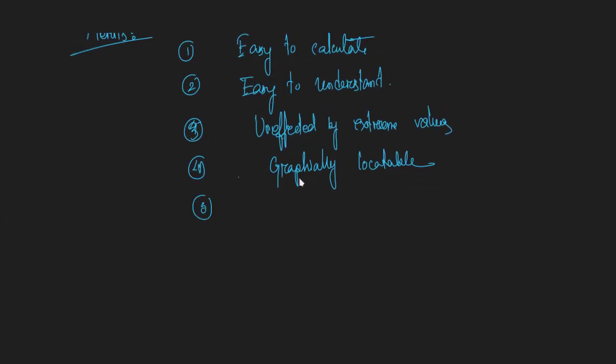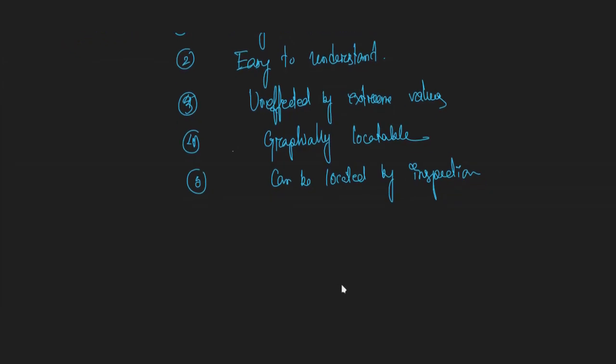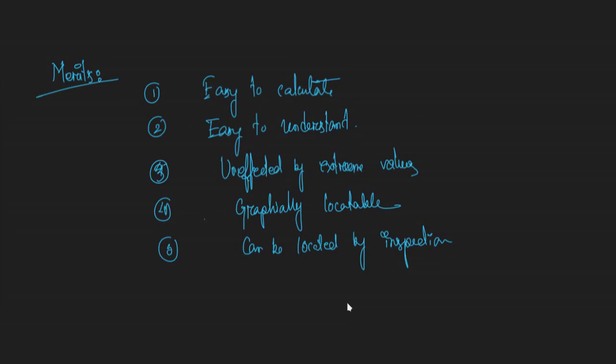Number 5 is can be located by inspection. Right, so for ungrouped data, no kind of calculation is needed; you just look for which one is repeated the most, and simply there is no calculation involved. So these are the merits of mode. And there are certain demerits also.